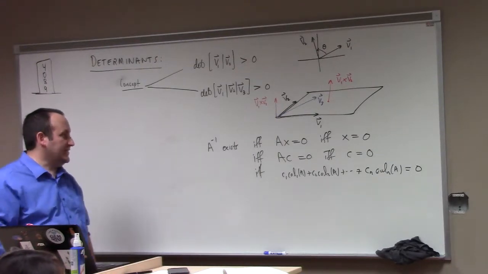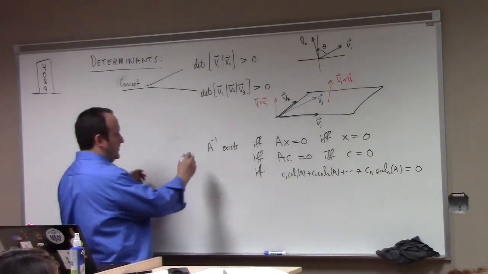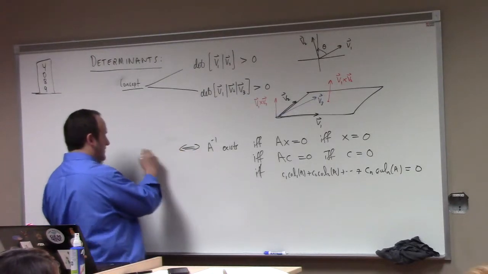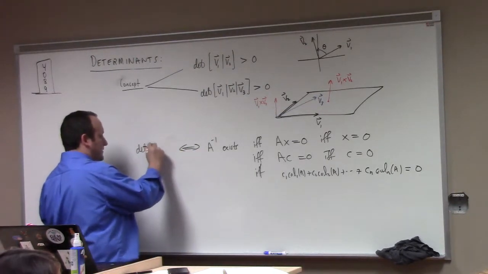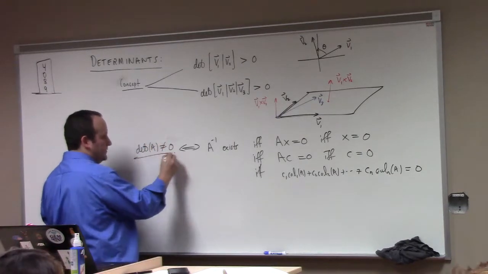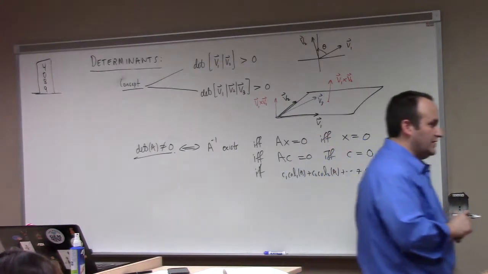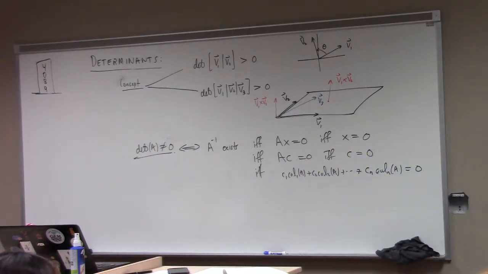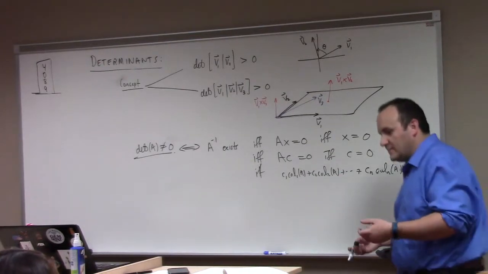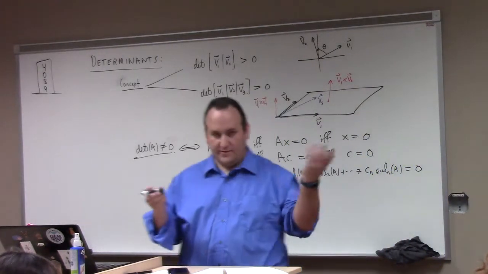So this is huge. In other words, this, if and only if, the determinant of A is not equal to 0. Woohoo. That's kind of nice. So if you want to check whether or not the inverse of a matrix exists, well, calculate the determinant.